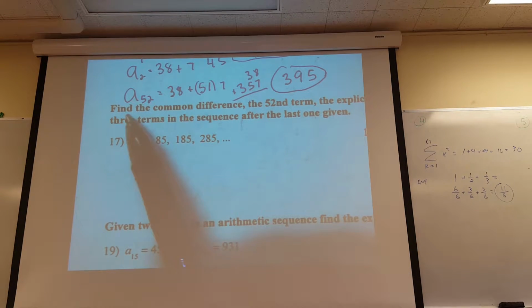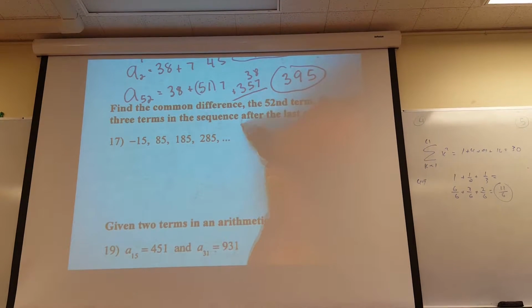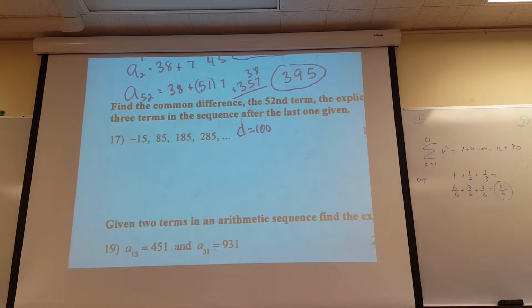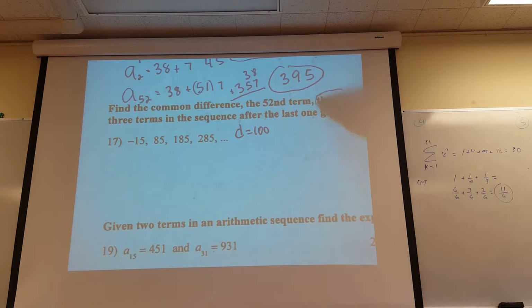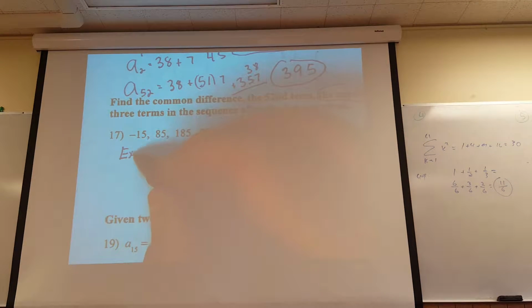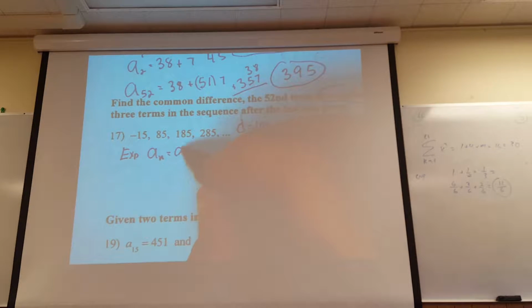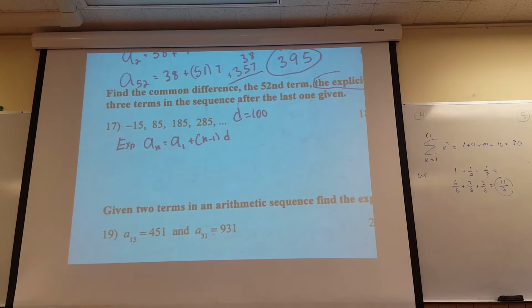Now, what's the common difference on number 17? Okay? All right, now let's go to the explicit formula. The explicit formula, a sub n is going to be a1 plus, in parentheses, n minus 1 times d.